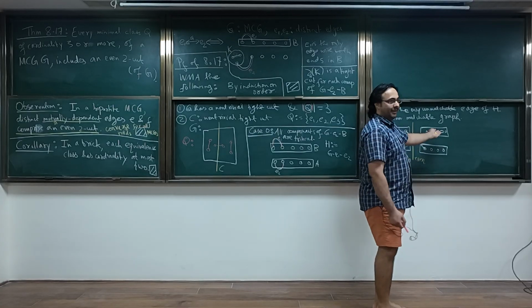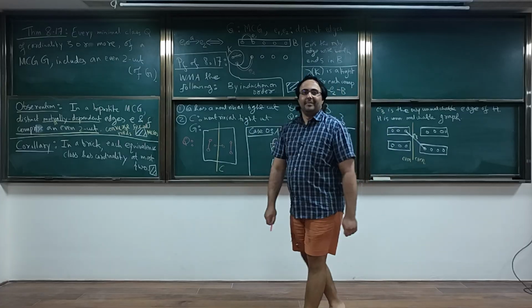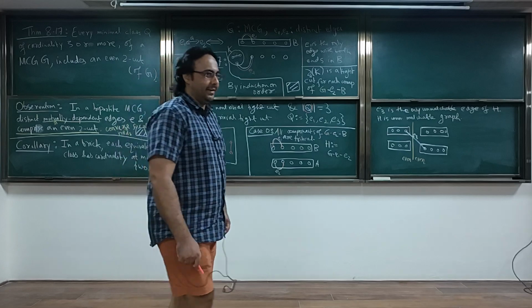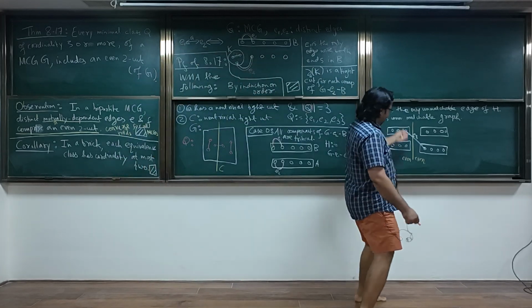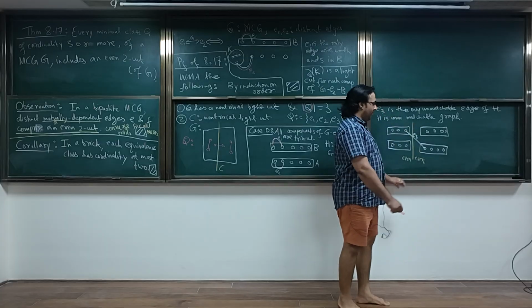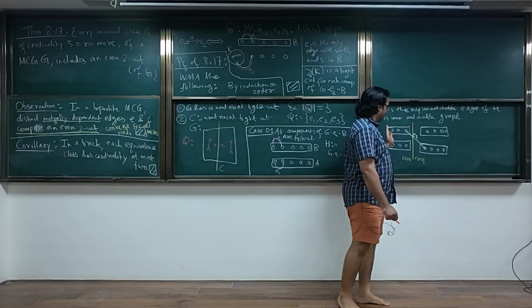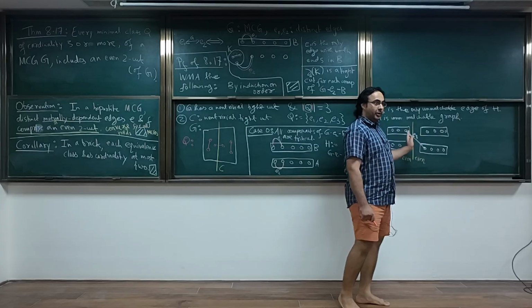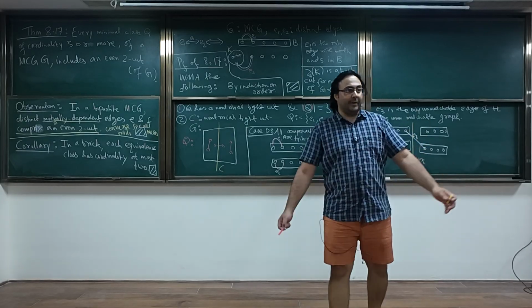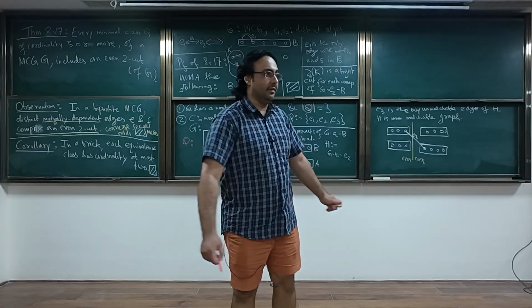All three cannot be here because then I will have an even cut meeting a perfect matching in three edges. That's a contradiction, right? Even cut has to meet a perfect matching in an even number of edges. Therefore, without doing any further analysis, we can conclude that one of E1 and E2 is in this cut in the original graph G, and the other one is not. Therefore, one of E1 and E2 and E3 is an even 2 cut.